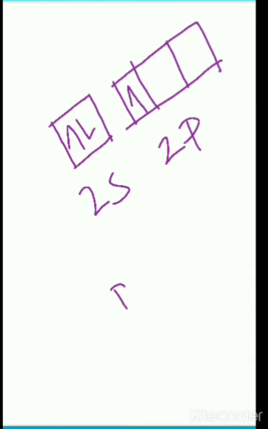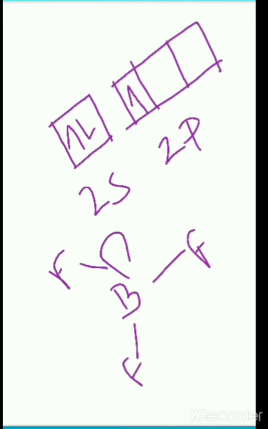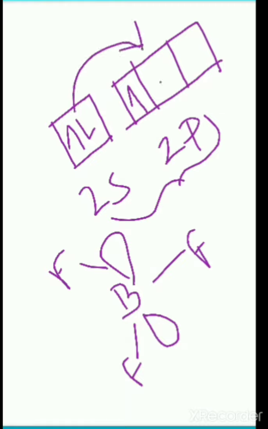Here it makes bonds with fluorine, right? sp2 bonds are formed, and after excitation it will be here.